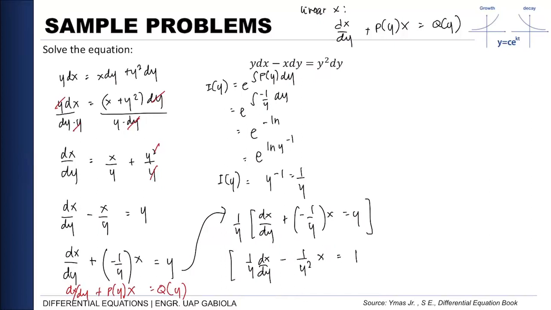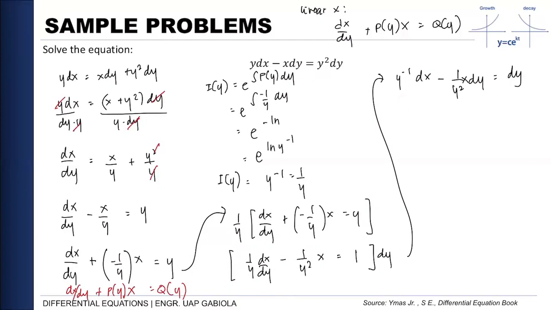Okay? So, multiply natin both sides by dy. Okay? So, this would be y negative 1 dx minus 1 over y squared dy is equals to dy. Okay? And what do I see here? No? Meron tayong x dito. So, kailangan mag-isip ka ng differentials.